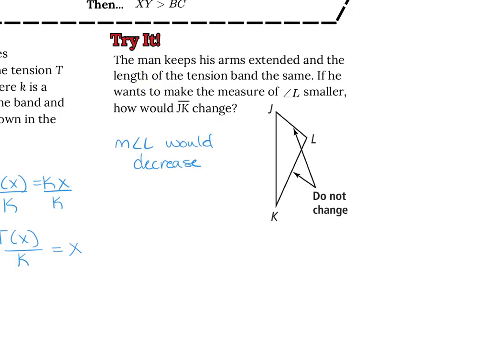Which means that the length of JK would decrease. And essentially, he would be squatting down to decrease his height.